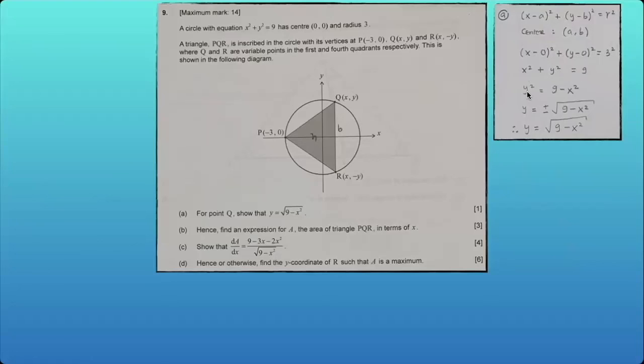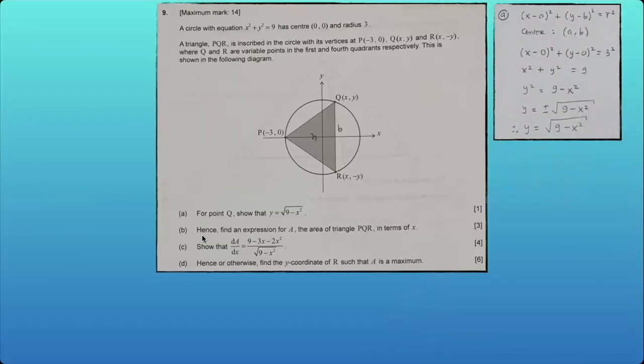So y squared is equal to 9 minus x squared. Then y is equal to plus or minus square root of 9 minus x squared. We just use the positive one because point Q is located at the positive y. Therefore, y is equal to square root of 9 minus x squared. So this is shown.